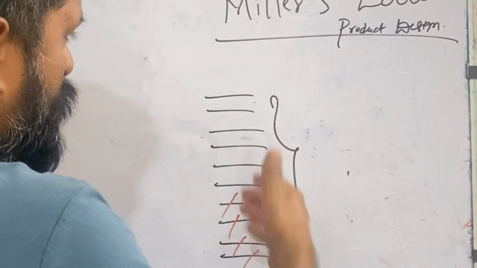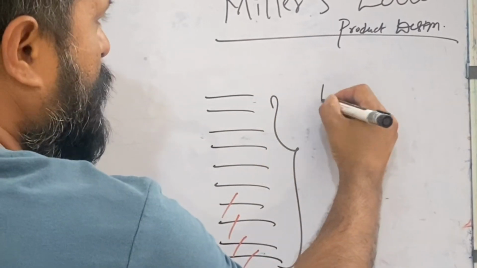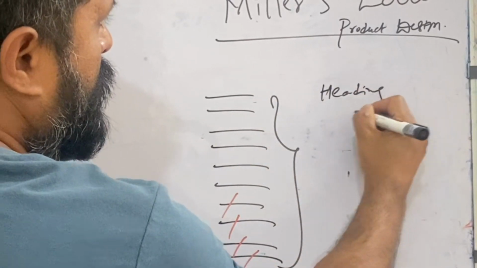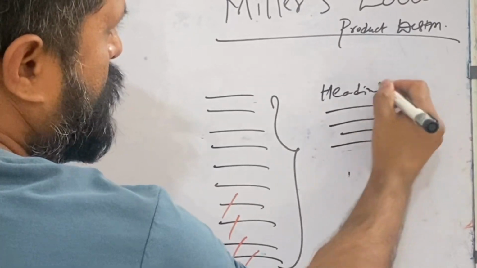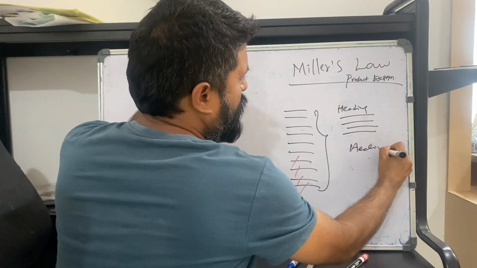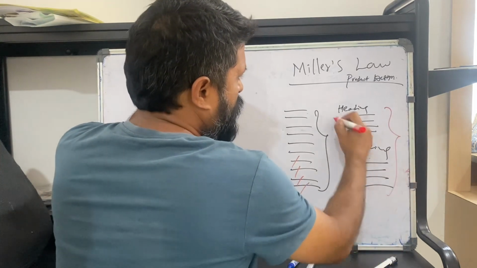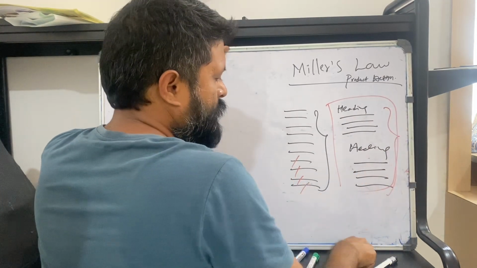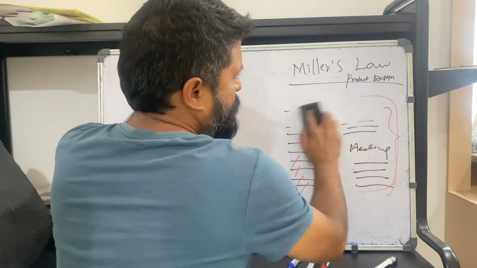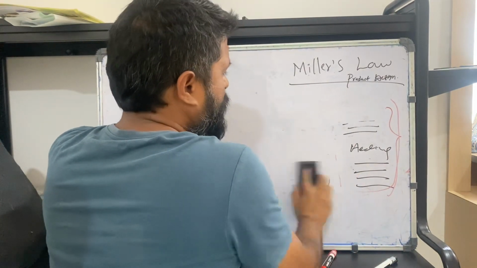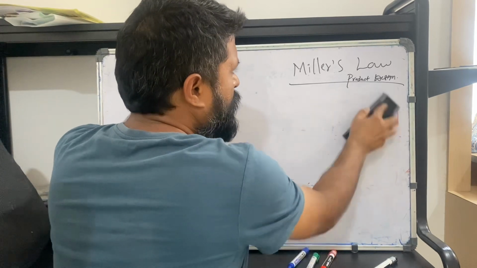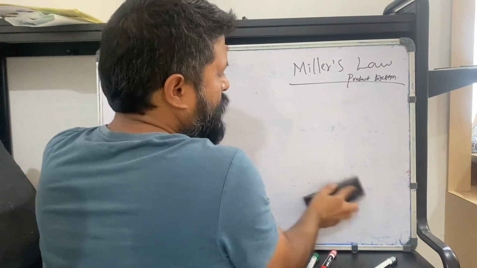Or else, if they want to use all these items, use headings: if we have to segregate, 4 items under 1 heading, another 4 items under another heading. We have to use this kind of format in product design, right? This is one thing for you. I am just sharing my ideas on how Miller's law actually works in product design, okay?